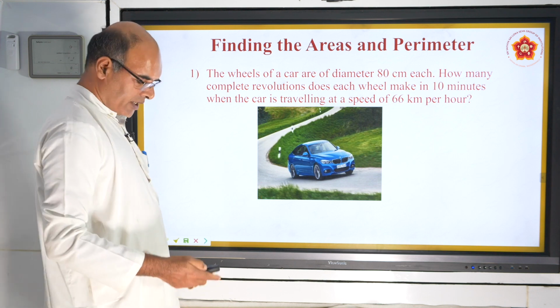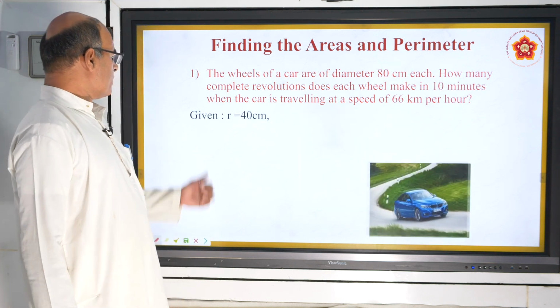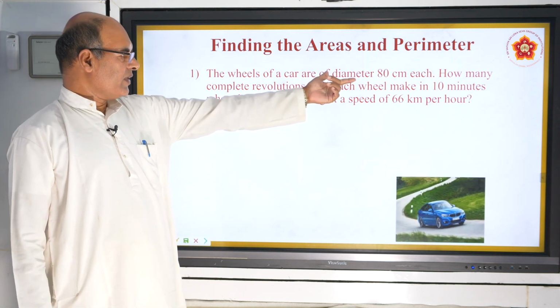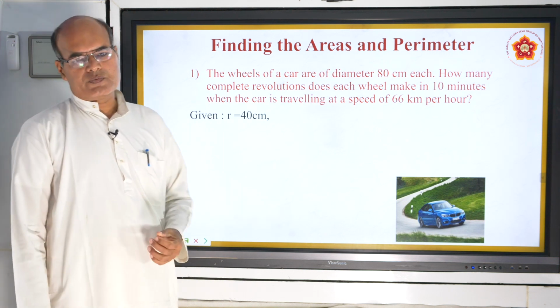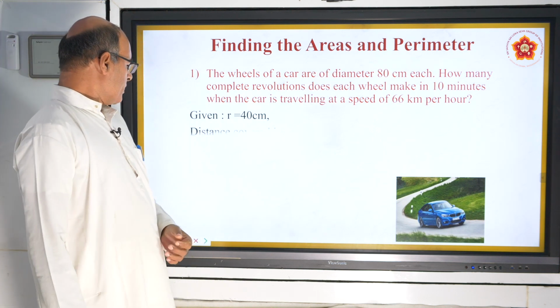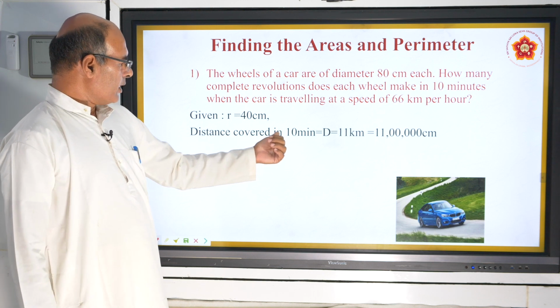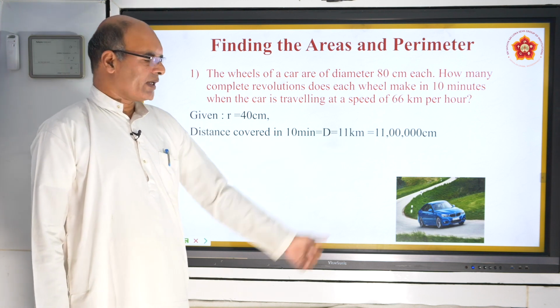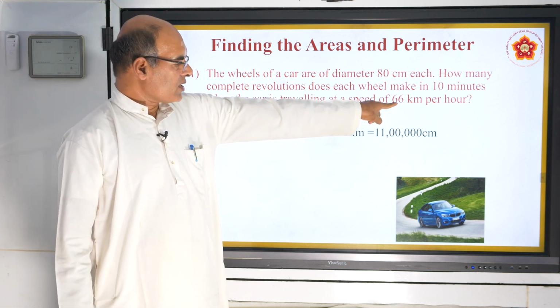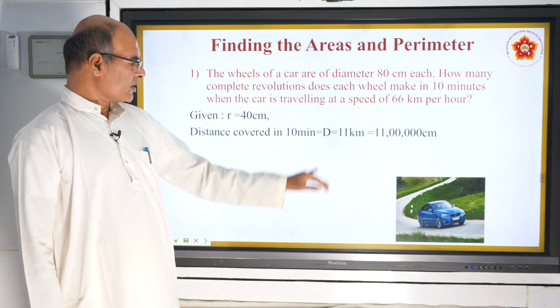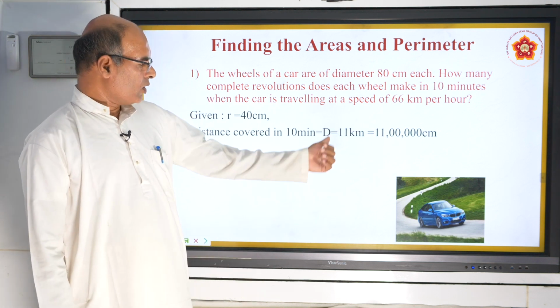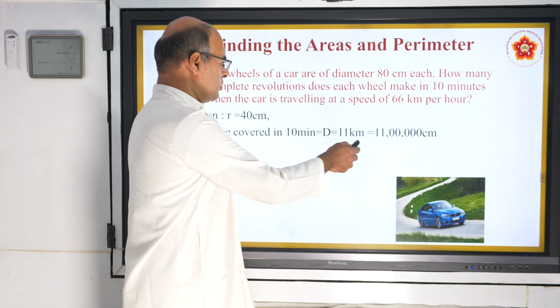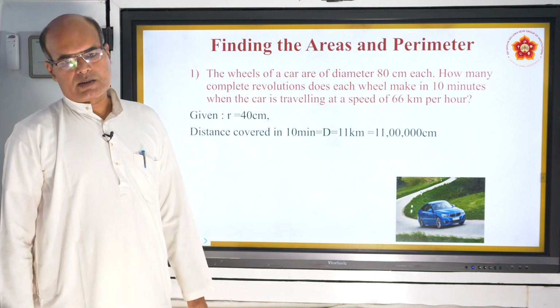Let us look at all the steps again. Here the diameter of the wheel is 80 centimeter, therefore its radius is 40 centimeter. The distance covered in 10 minutes is d equal to 11 km. In 1 hour it covers 66 km, therefore in 10 minutes it covers 11 km, which is 11 lakh centimeters.